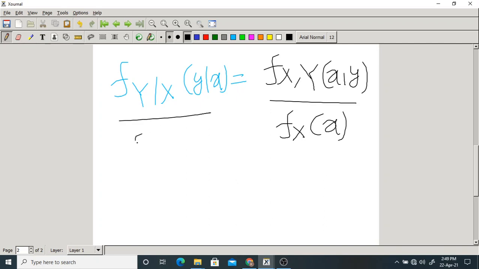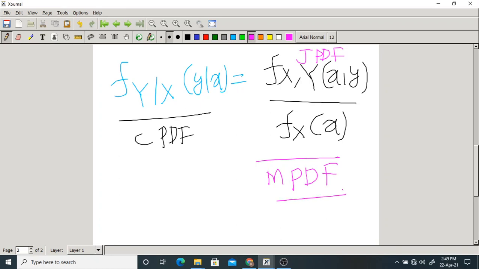So this is the conditional PDF, this is the joint PDF, and this is the marginal PDF. Okay.